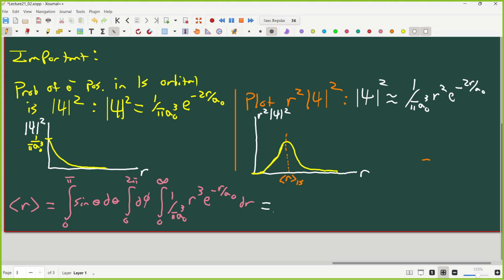So minus cosine of pi is 1. And then we have to subtract off the lower bound. What's the cosine of 0? It's the x value, 1. So that means it's minus 1 because it's minus cosine. So we have 1 minus minus 1. It's 2. So the integral from 0 to pi of sine theta is just 2.